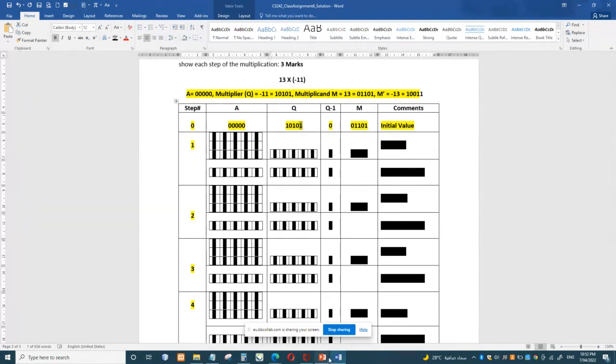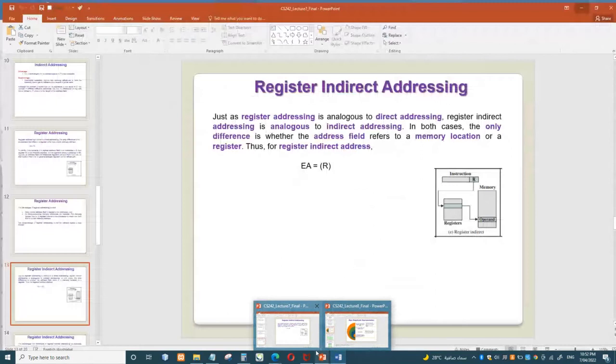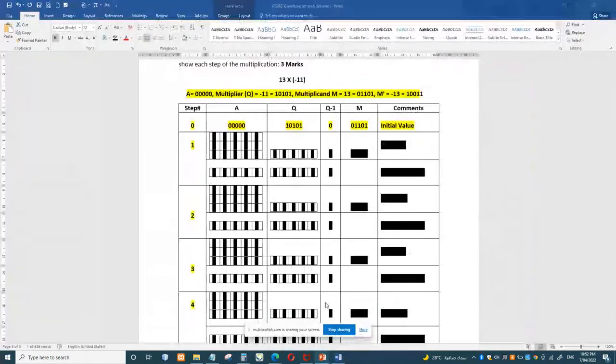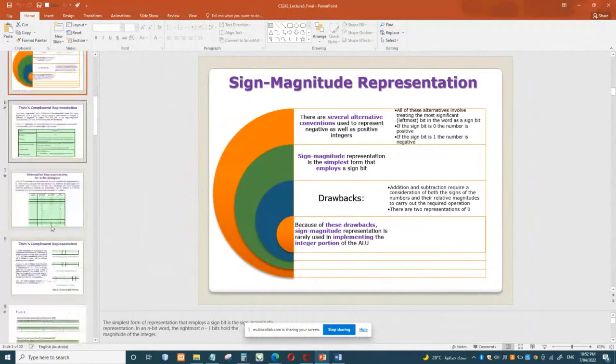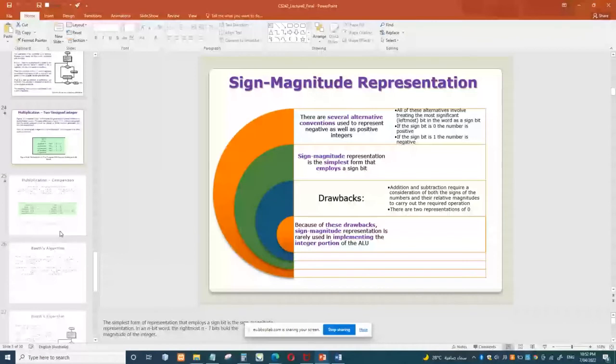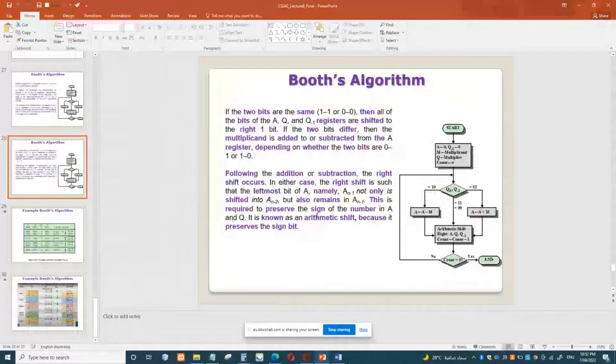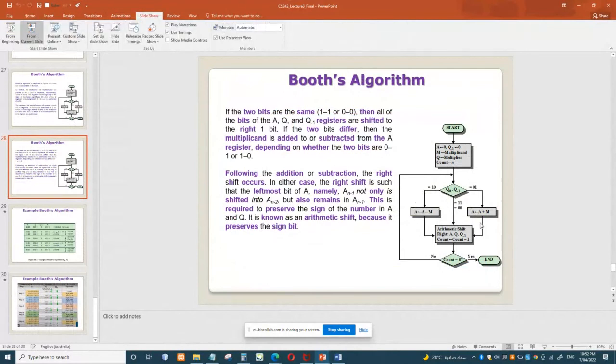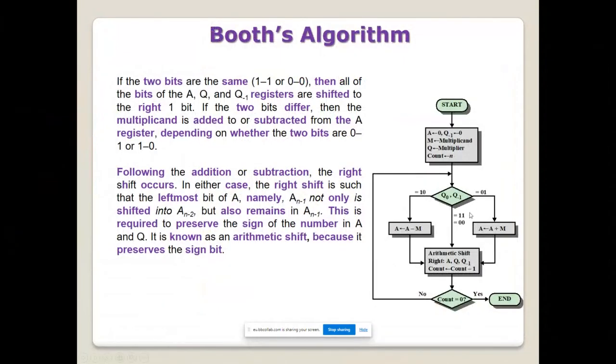Do you want me to go back to the algorithm? Okay, you can see that if Q0 and Q minus 1 are 1 1 or 0 0, we just perform the arithmetic shift right.